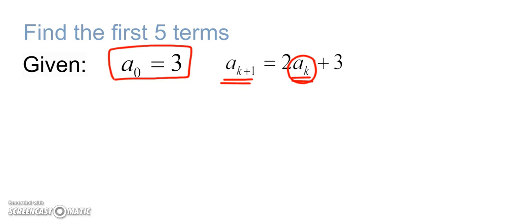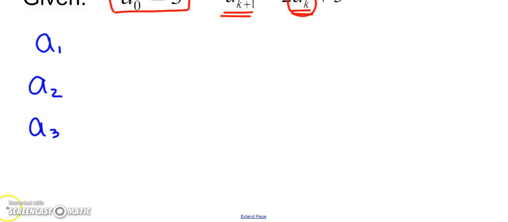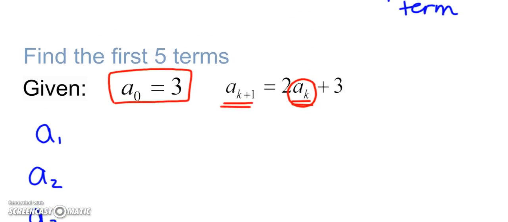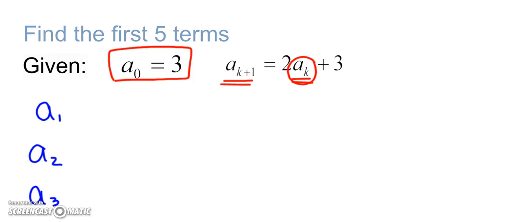So if I want to find the first 5 terms, that means I'm looking for a sub 1, a sub 2, a sub 3, a sub 4, and a sub 5. So a sub 1 is going to be equal to 2 a sub, well, if this is equal to 1, that means k had to be 0, plus 3.